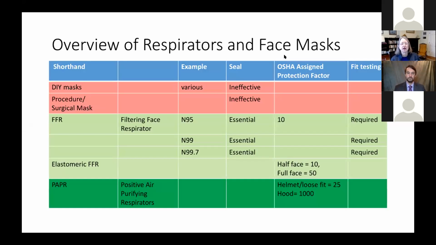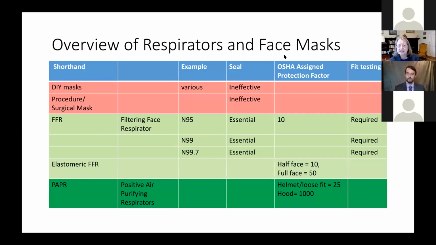Next. So in summary, here's the overview of respirators and face masks. The top two lines, do-it-yourself masks and surgical or procedure masks, do not have a face seal, and so as a filtration system, they are not effective.